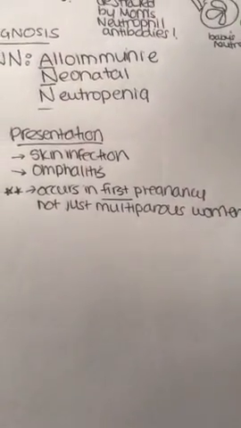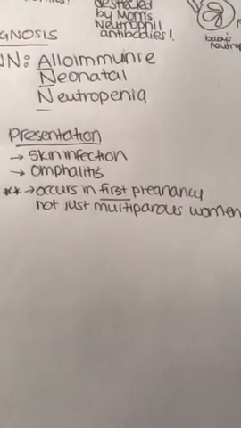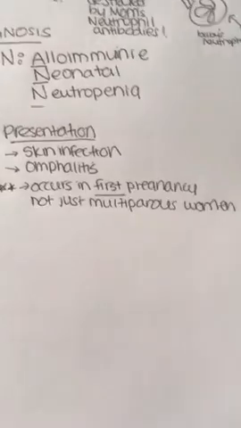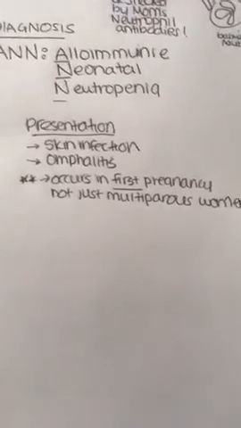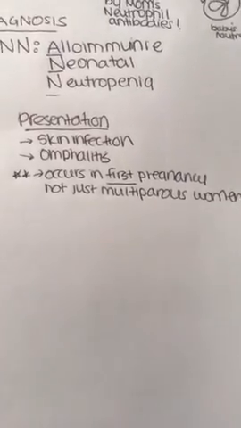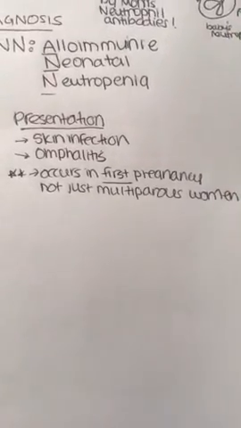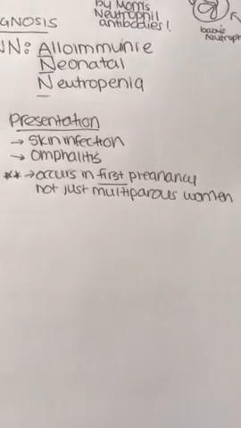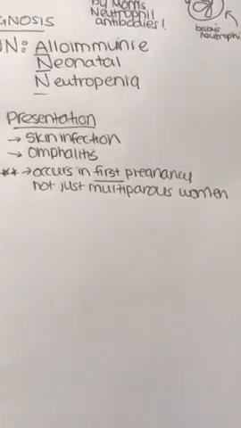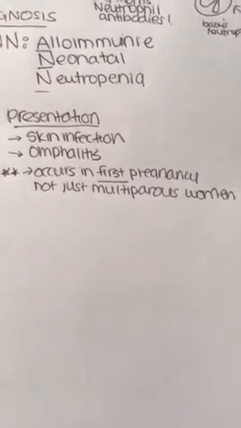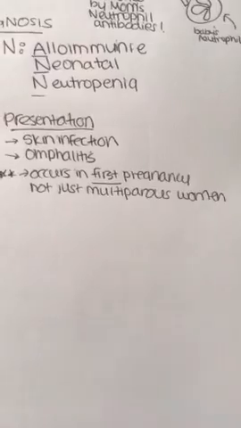The presentation is skin infections and omphalitis, and the main feature is that AN occurs in the first pregnancy. This differentiates it from erythroblastosis fetalis, which usually occurs in multiparous women. AN will actually present in first pregnancies.